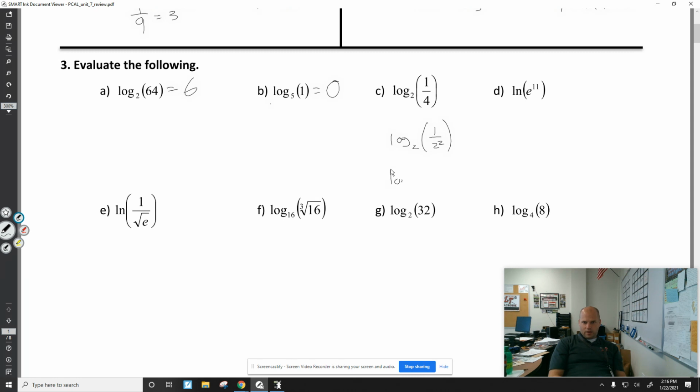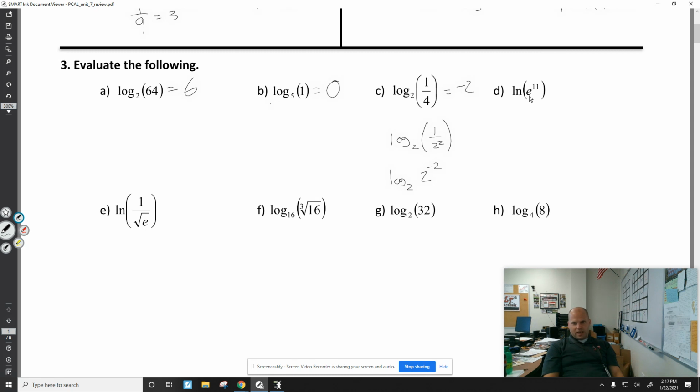And if I have this power in a denominator, I can move it as long as I flip the sign of the power. So I got 2 to the negative second. So the answer here is -2 because log base 2 of 2 will cancel, just giving me the negative second. Or 2 to the negative second power gives me 1/4.